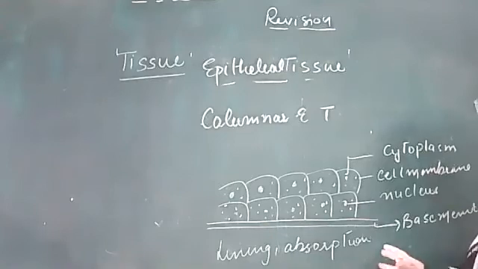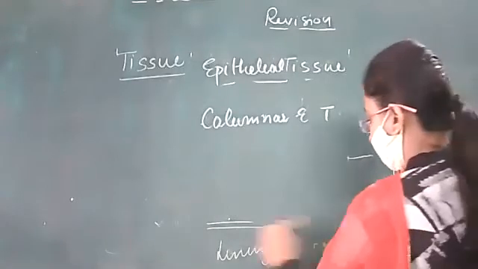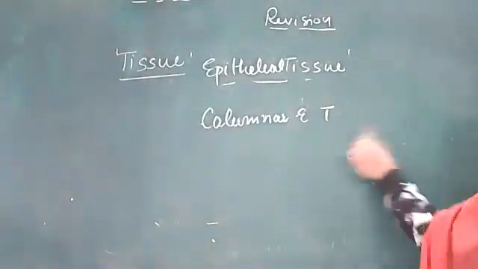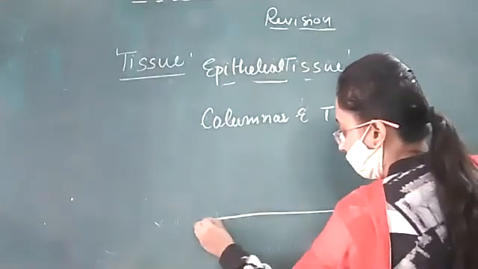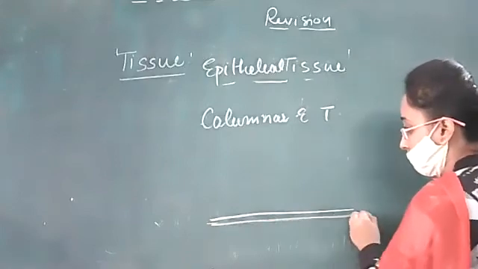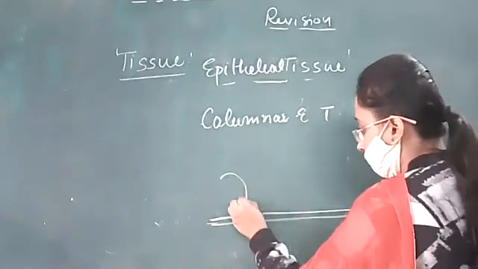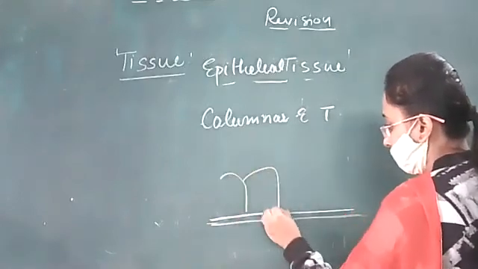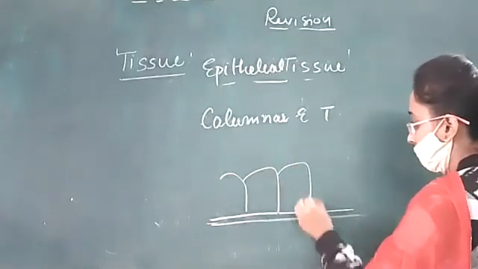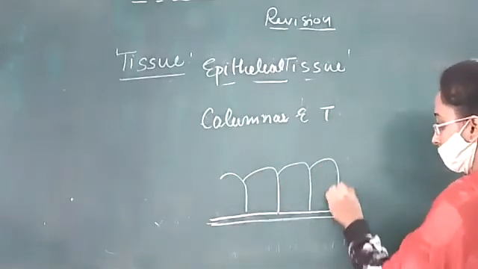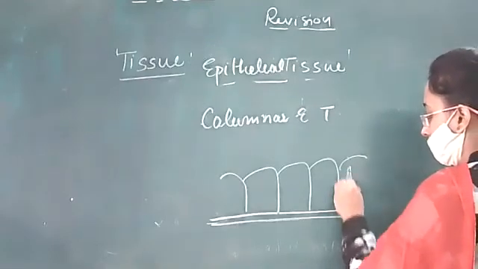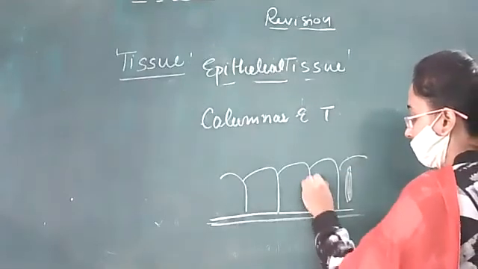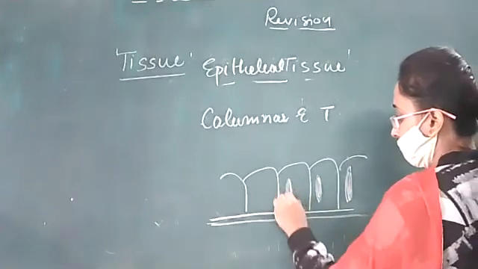Okay, so let us draw the diagram. Again, कुछ फर्क नहीं है, बस इसमें हमने square shape बनाई थी. Now we will draw the column shape or pillar shape, or we can say rectangular shape. These cells are elongated more, and our nucleus is also elongated.